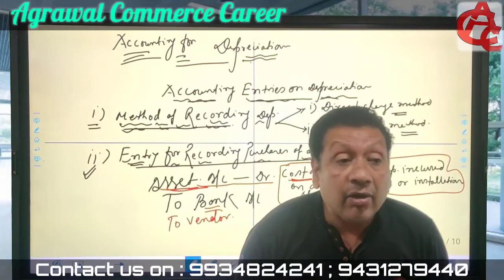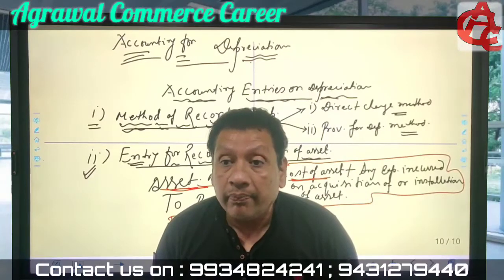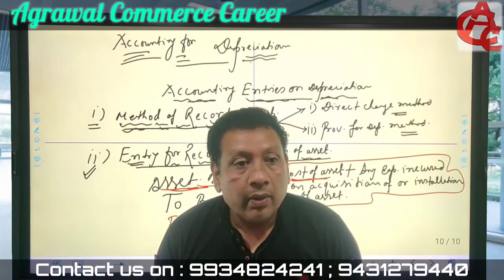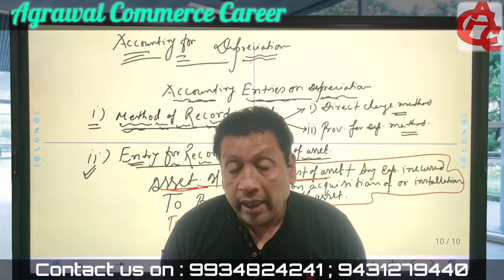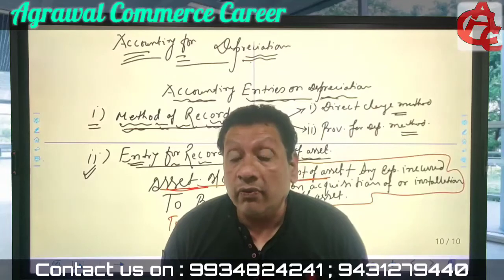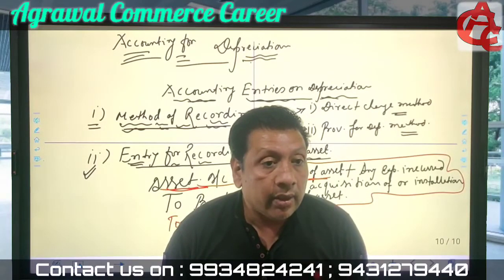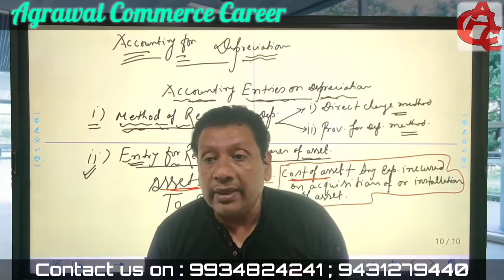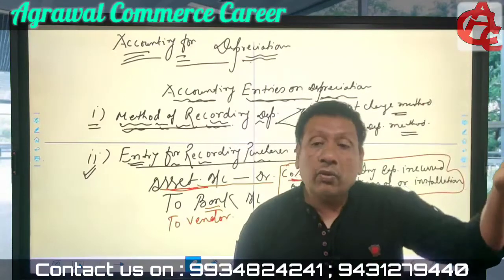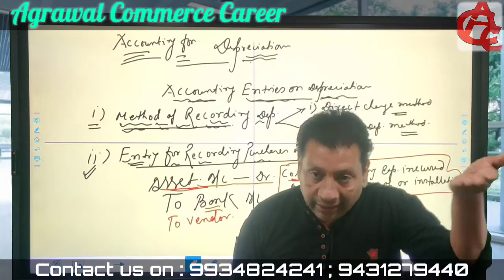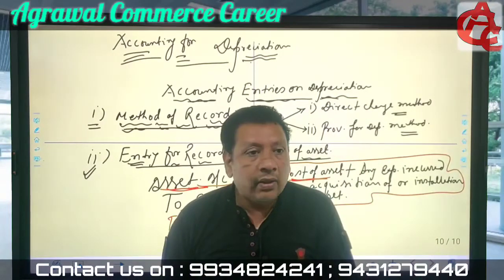But asset account will be debited with cash price if I have purchased any asset on hire purchase system, on the basis of their economic reality, and I would follow the substance over form principle or the concept of accounting. And I would record the asset at cash price even I am not the owner as yet, because I will be the owner. But the economic reality is that asset is mine now. I can use it.